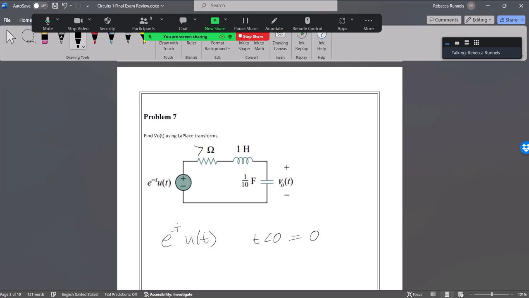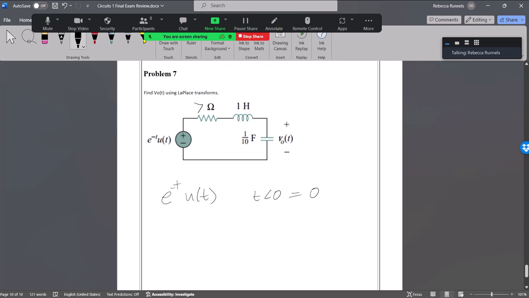And so before time t equals 0, there was nothing going on, no voltage. So no current through the inductor and no voltage across the capacitor. But yes, you do have to look at that, and I always forget. And so I just got lucky.